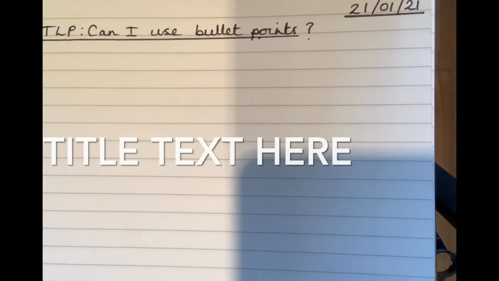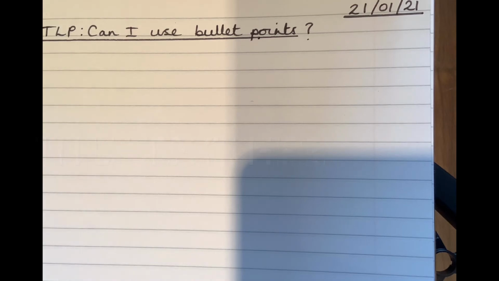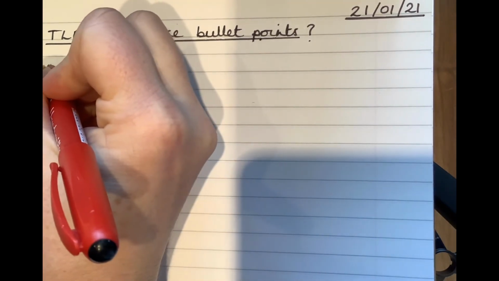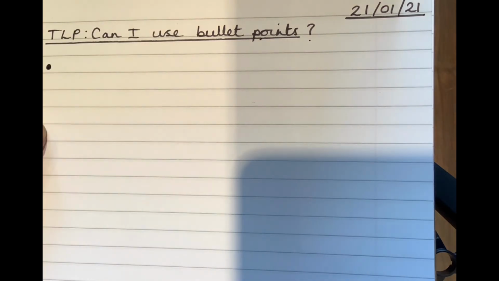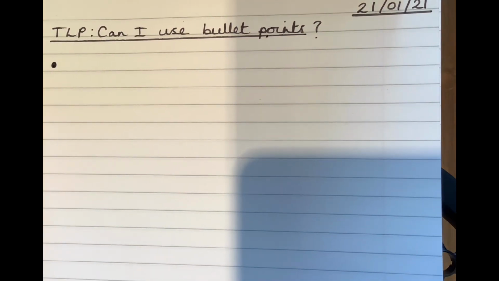Right, Year 4, so I'm going to have a go at using bullet points to write some fun facts about a lost thing. So the TLP is, can I use bullet points? So let's have a go. Right, so this is about my lost thing that I designed, but your fun facts are going to be all about your lost thing that you designed on Monday.